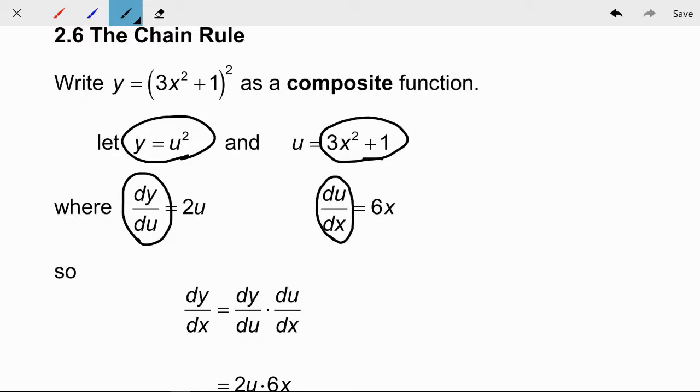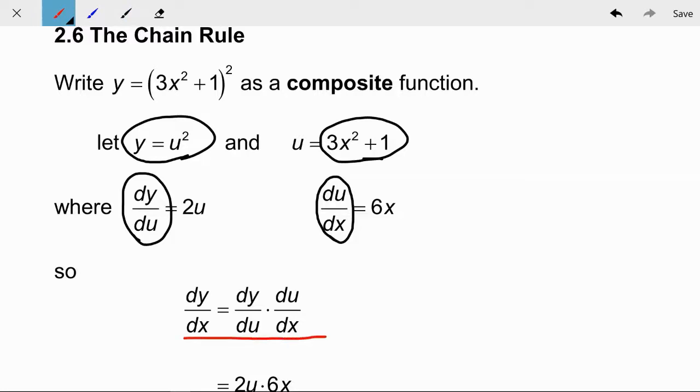Notice that when I took the derivative with respect to x, remember, I'm looking for dy dx. So we can actually do some differential math here. The differentials are just representing small changes in that variable. If you notice this next step, this is kind of the key to the chain rule.